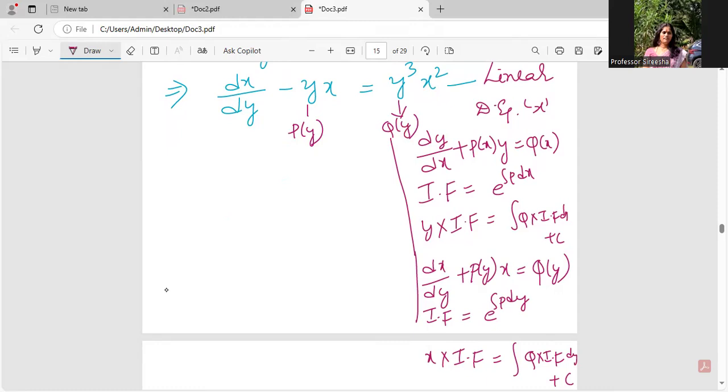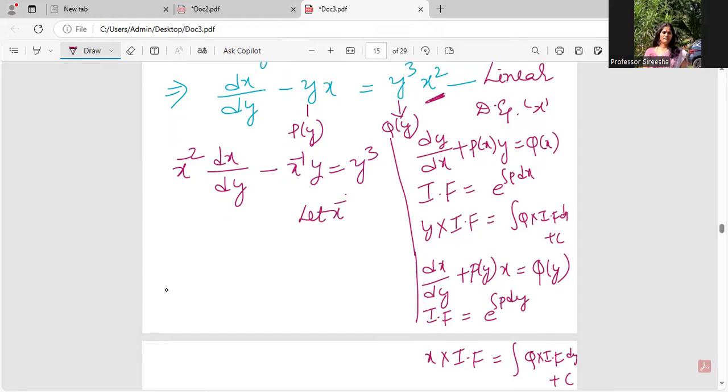Okay. So accordingly, what's the non-linearity? Non-linearity is the dependent variable x, the x square term. So I'll be dividing it with x square. x power minus 2 dx by dy minus x power minus 1 into y is equal to y cube. Okay. What I will substitute?